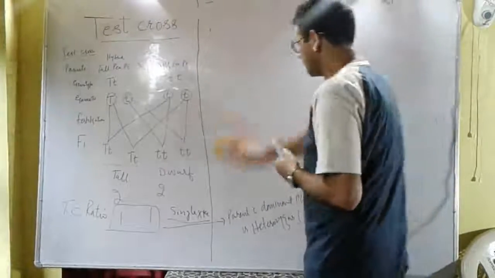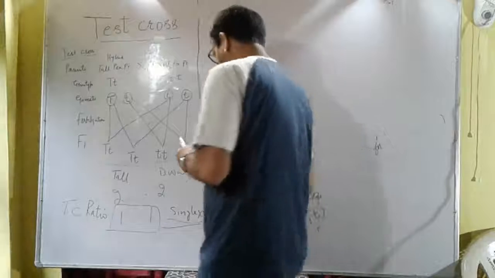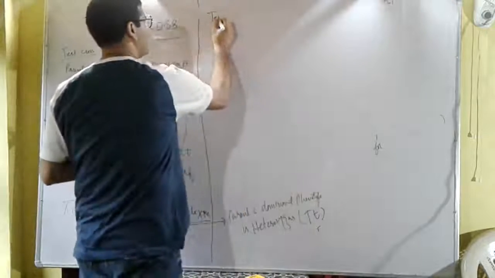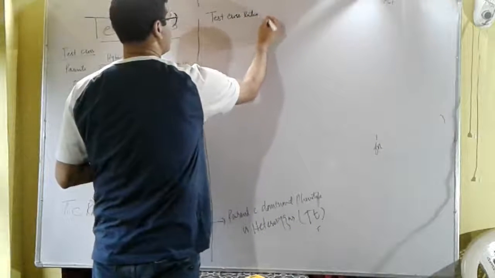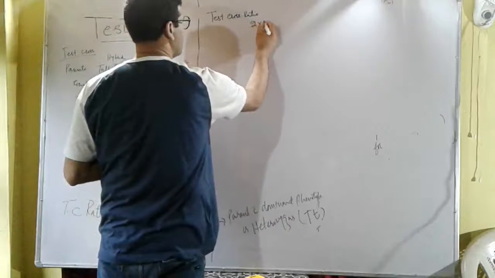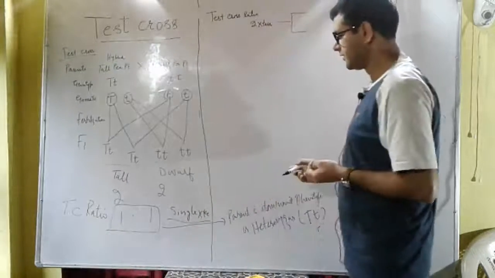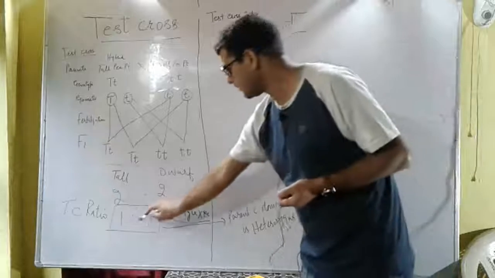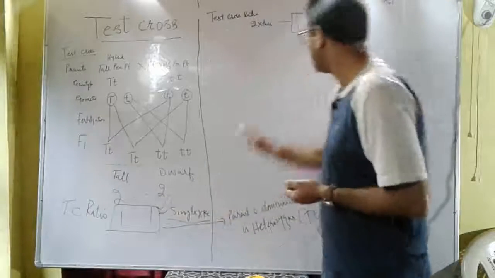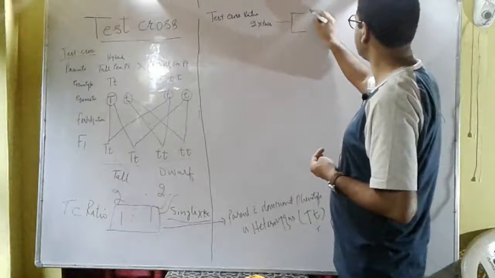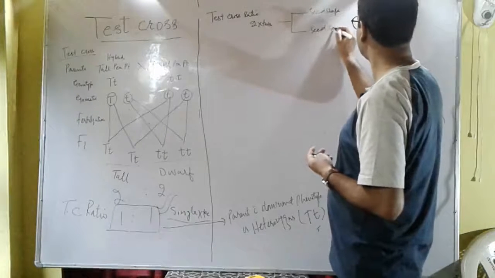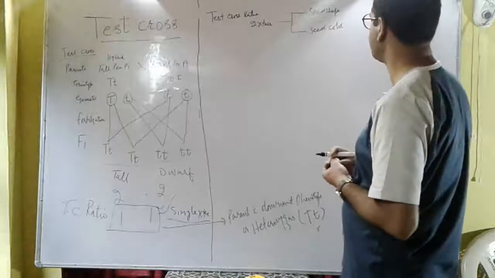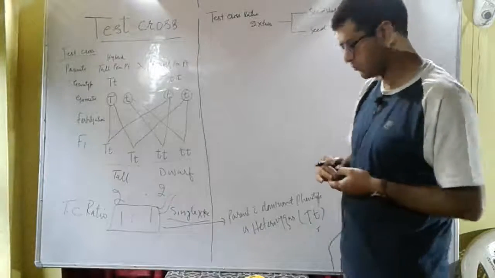For example, in case of a single character we have test cross ratio 1:1, and in case of two, we'll take seed shape and seed color. We'll take two characteristics, seed shape and seed color, and we'll see their test cross ratio.